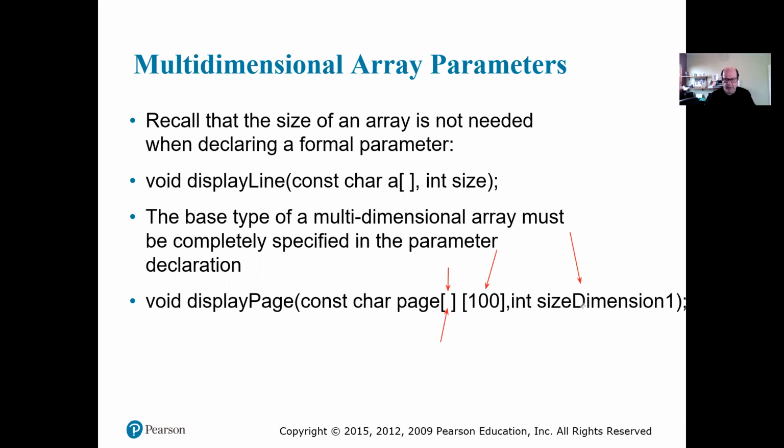So this would be 30 that's passing in. So in reality, how C++ does it for a two-dimensional is looking at an array of size 30 of data type of 100 characters. So it's an array of arrays. That's the way it's working.